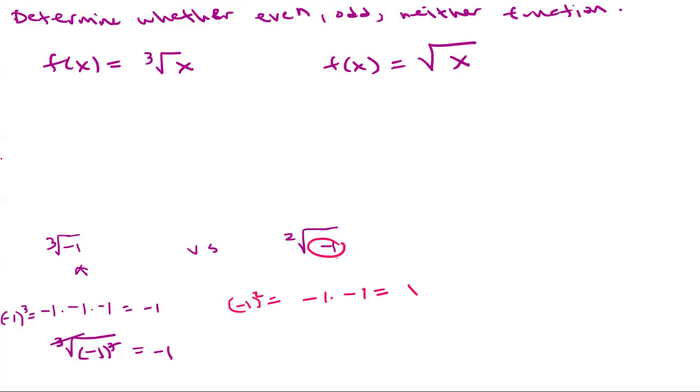So it's not possible. We can't find a -1 multiplied by itself twice that will give us a -1. So that's why in this case, this is again not possible. You can't take the square root of -1 in the real world.